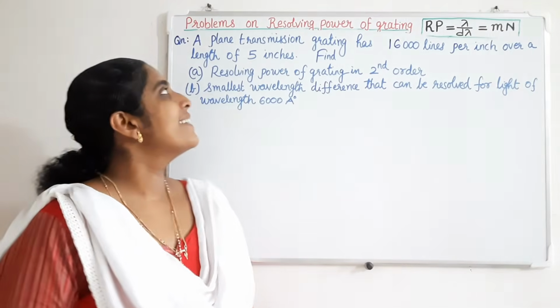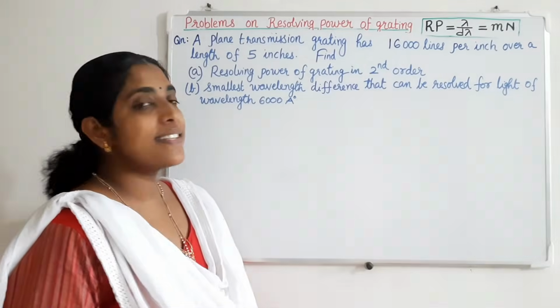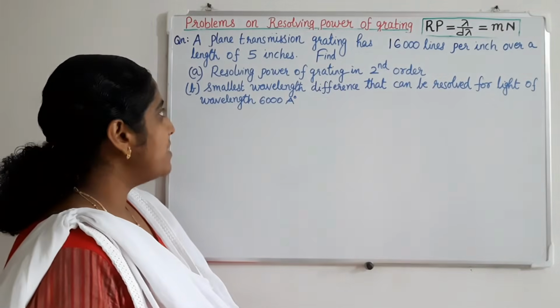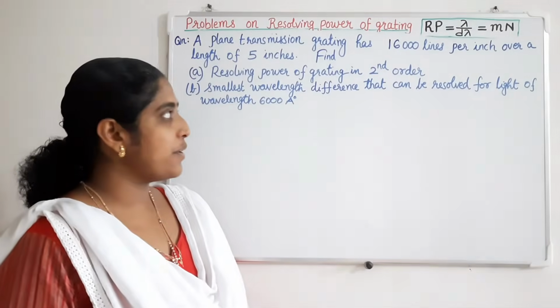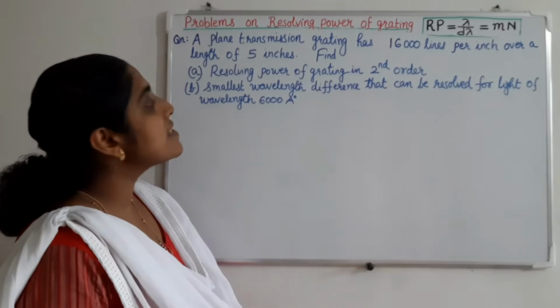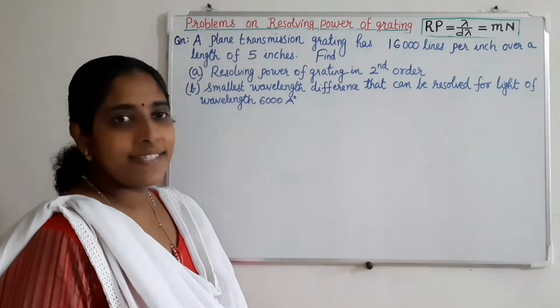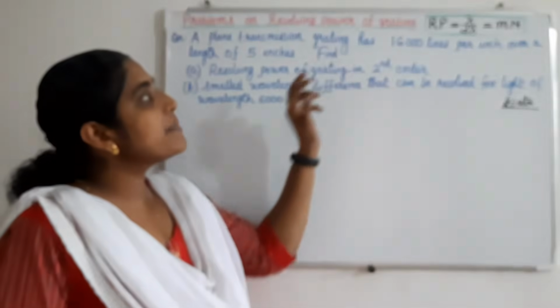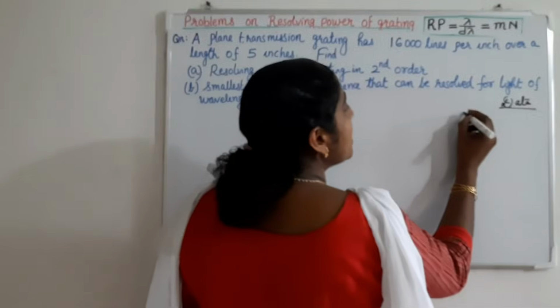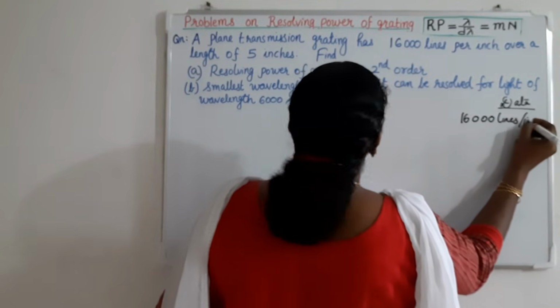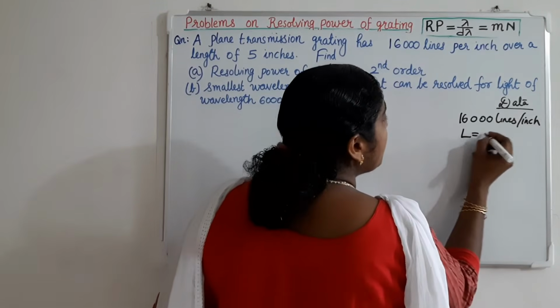One last question. A plane transmission grating has 16,000 lines per inch over a length of 5 inches. Find resolving power of grating in second order. Next, find the smallest wavelength difference that can be resolved for light of wavelength 6000 angstrom. A plane transmission grating has 16,000 lines per inch over a length of 5 inches.